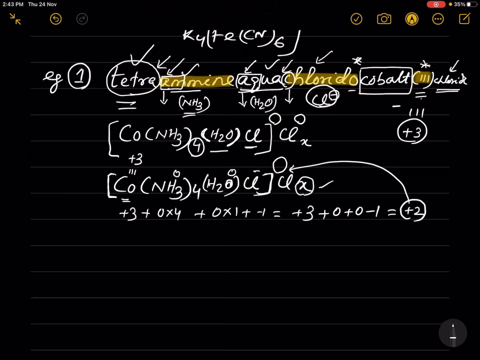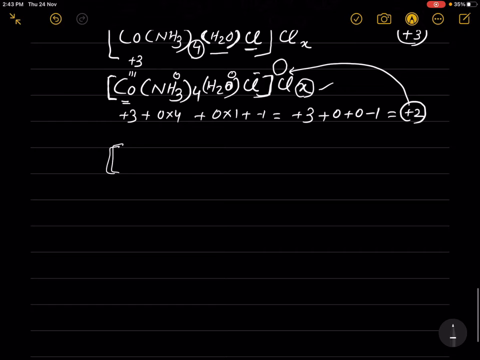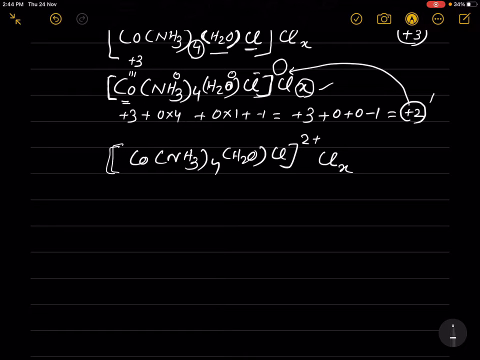Let me write again: Co, NH3, water, Cl, and I should write the number before the charge, 2 plus, then ClX. I have to find the number X. How?